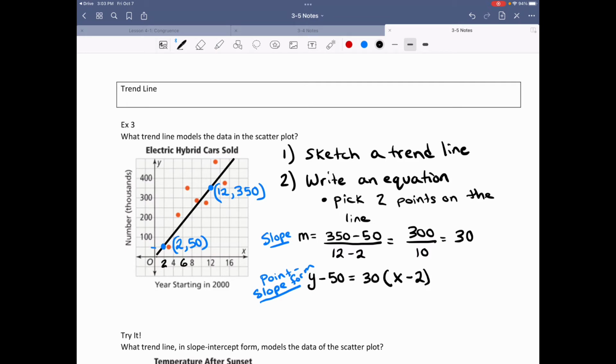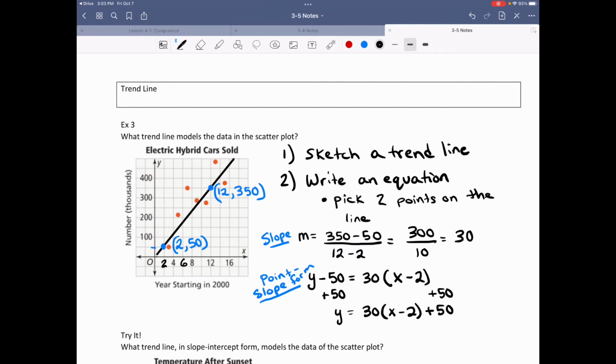And so in a graphing calculator, you have to have y by itself. So to do that, I'm just going to add 50 to both sides. And the 50s cancel, leaving us with y equals 30, parentheses x minus 2, plus 50. Now, that is fine if you're going to put it in a graphing calculator.